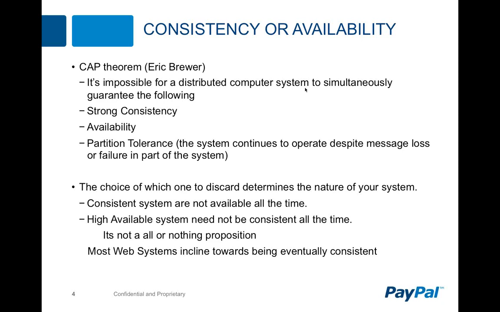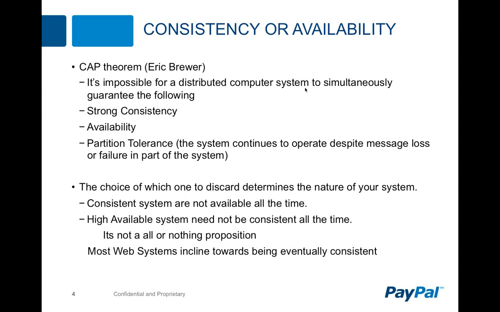Unless you're running everything out of a single box, you need to have a network across your system. So partition tolerance is something that's a given. What the CAP theorem says in short is you either get consistency or availability, and you have to pick one over the other.